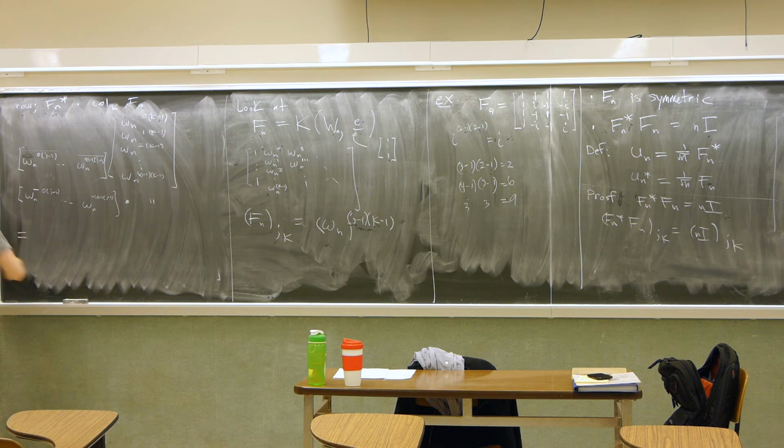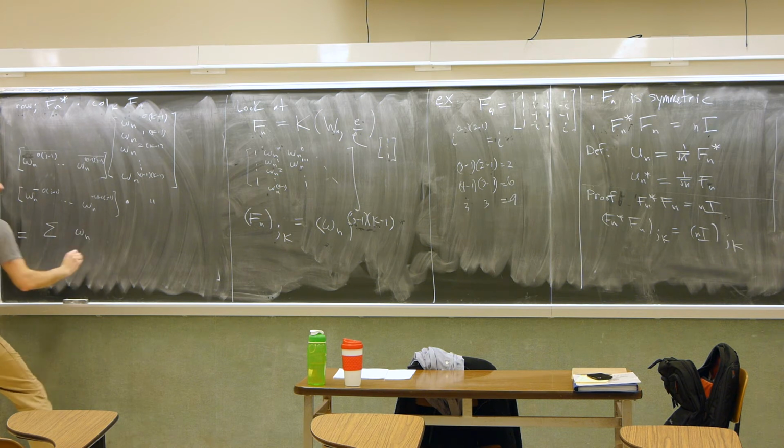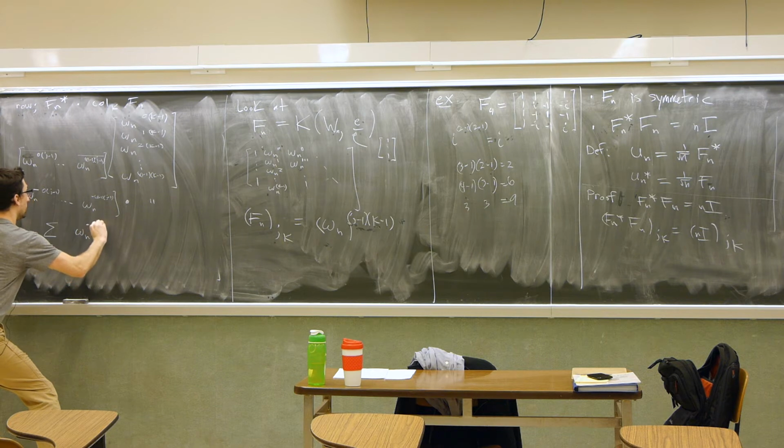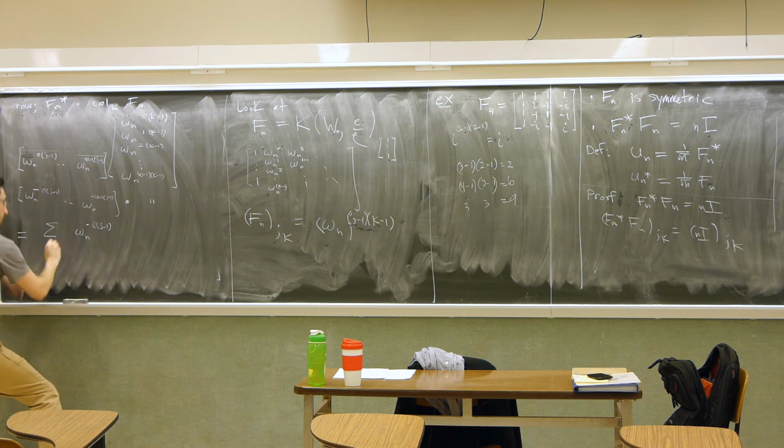Okay, so when we actually perform this inner product, we get the summation of this thing times this thing, right? So nth root of unity minus L. L, I'm going to denote this number by L. So L goes from 0 up to n minus 1.